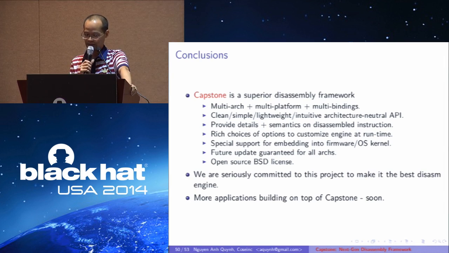It can be easily embedded inside firmware and OS. Features are guaranteed, and the license is BSD, very free, very open. We are seriously committed to this project to make it the best engine for the community. So you can be sure that Capstone will be around for a very long time.